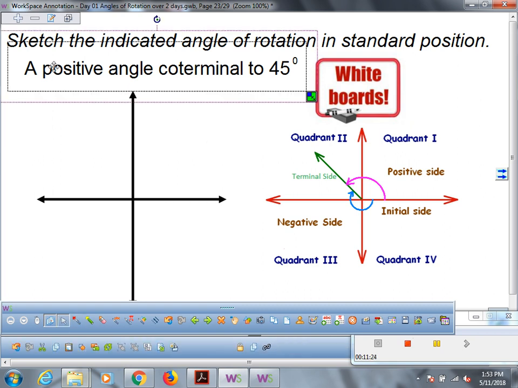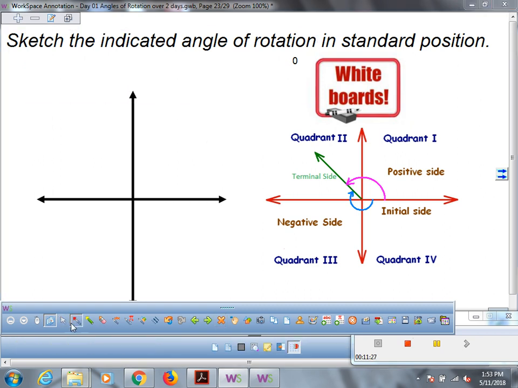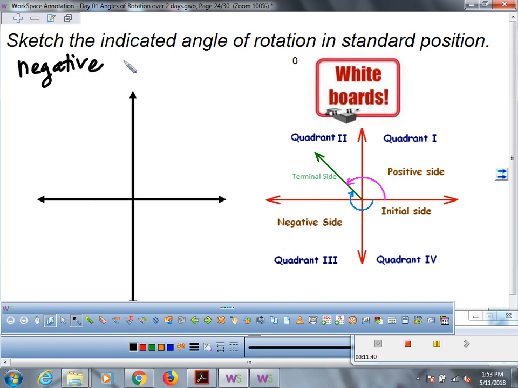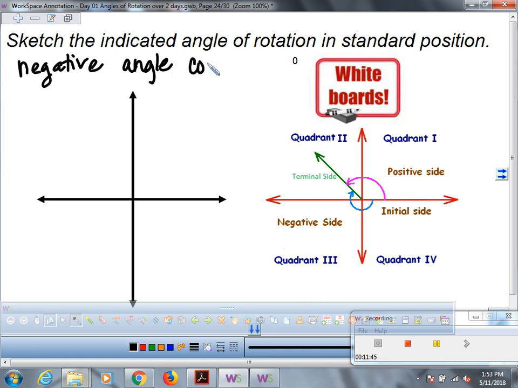Why don't you guys sketch me a negative angle coterminal with 135 degrees.